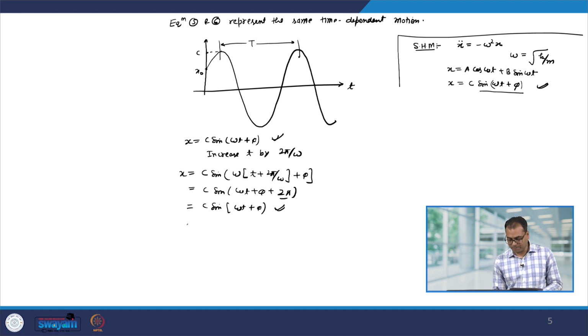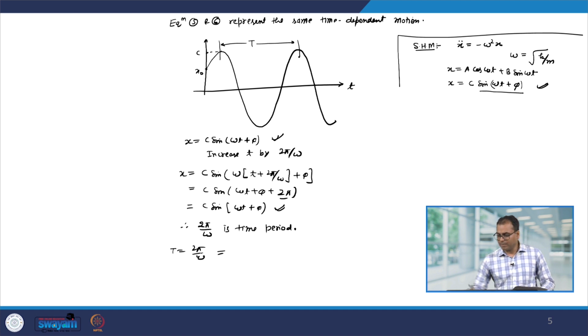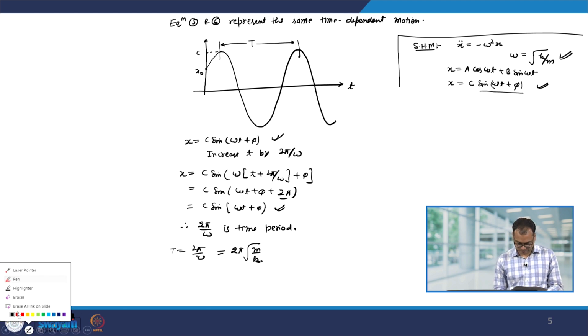So, this implies that 2 pi by omega is nothing but the time period. Therefore, T equal to 2 pi by omega, and remember omega was square root of k by m. So, this becomes 2 pi square root of m over k.